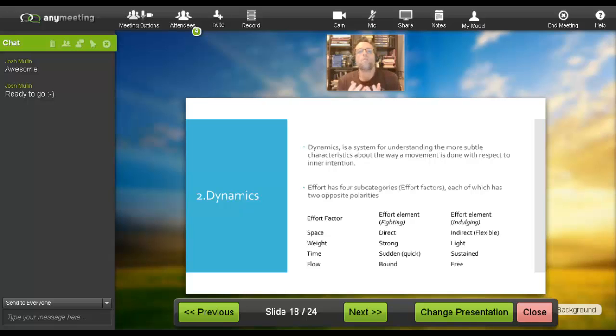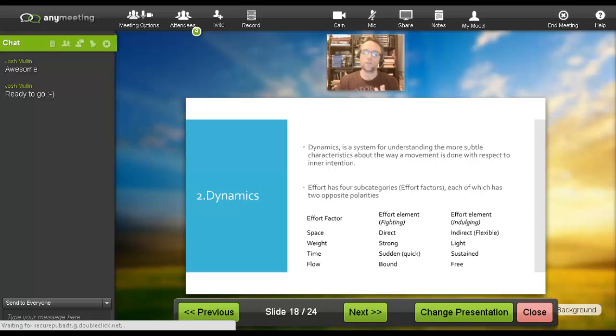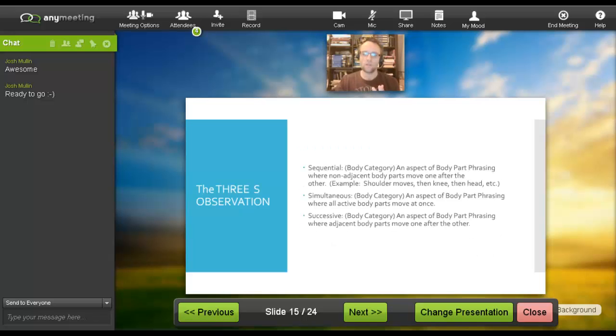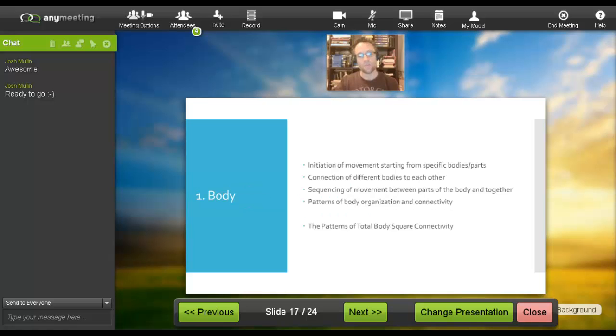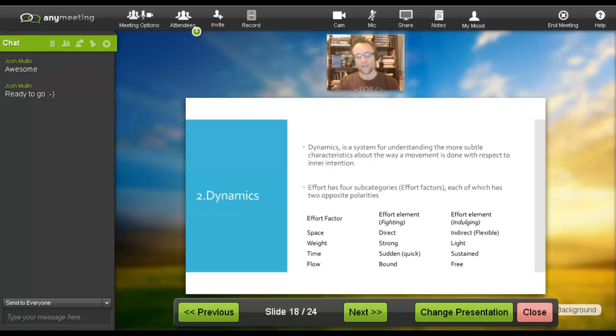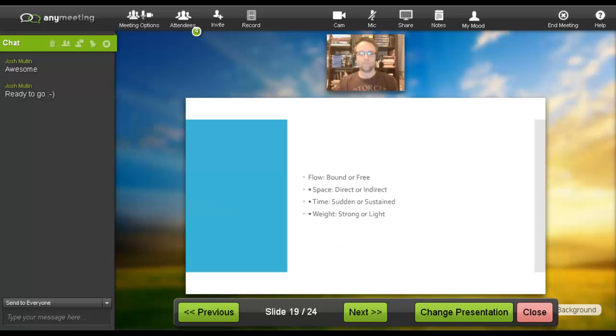But I want my movements through the sequential, successive and simultaneous motions I make to be flexible, light, sustained, free, indulging, not fighting the system. I want to have a freedom about my system, a freedom and a flow about my movement.